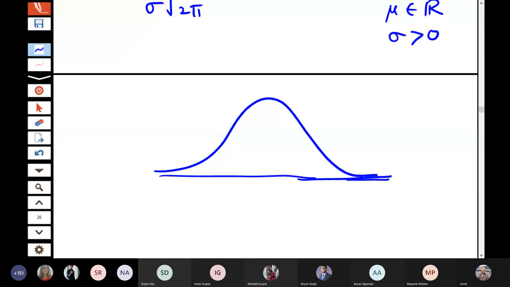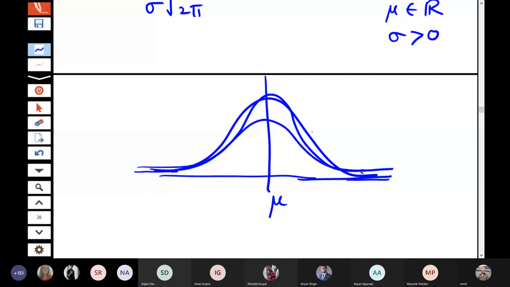Okay, so it is symmetric around mu. And as sigma increases, the shape will flatten more. Okay. And as sigma decreases, it will concentrate more. So different types of shapes are possible, depending upon the value of sigma here.